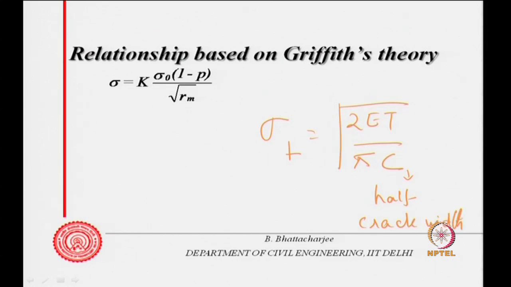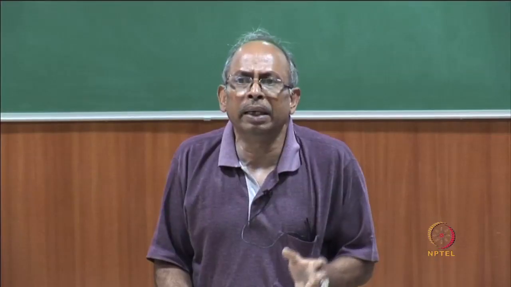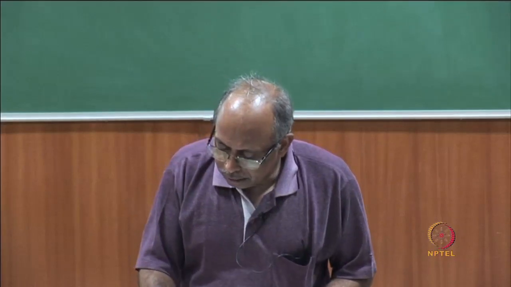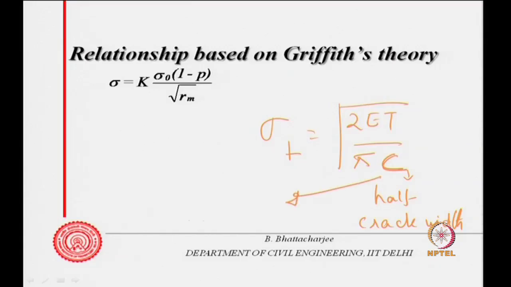and if we assume that shrinkage cracks have not occurred, since large shrinkage cracks will not necessarily occur in concrete, then this C would correspond to something like the pore radius of the flaw that is existing.